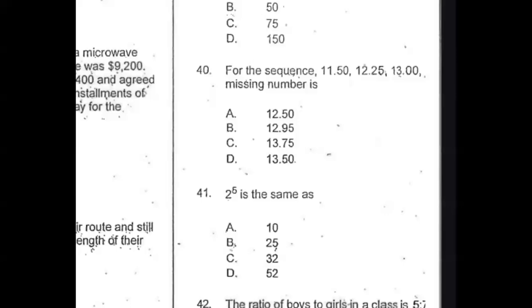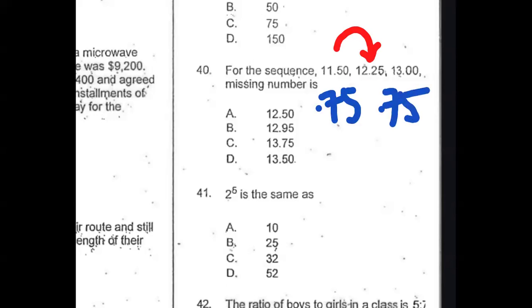You're adding 0.75 to each number. So the only thing that would happen next would be 13.75. You add 0.75 to this to get this number here, so you're adding 0.75 each time. Then you add 0.75 to that, you will get 13.75.